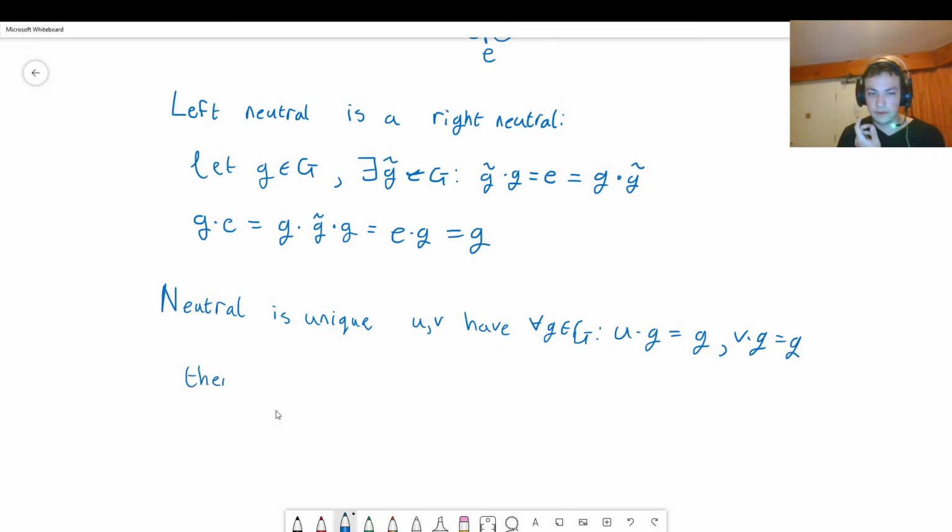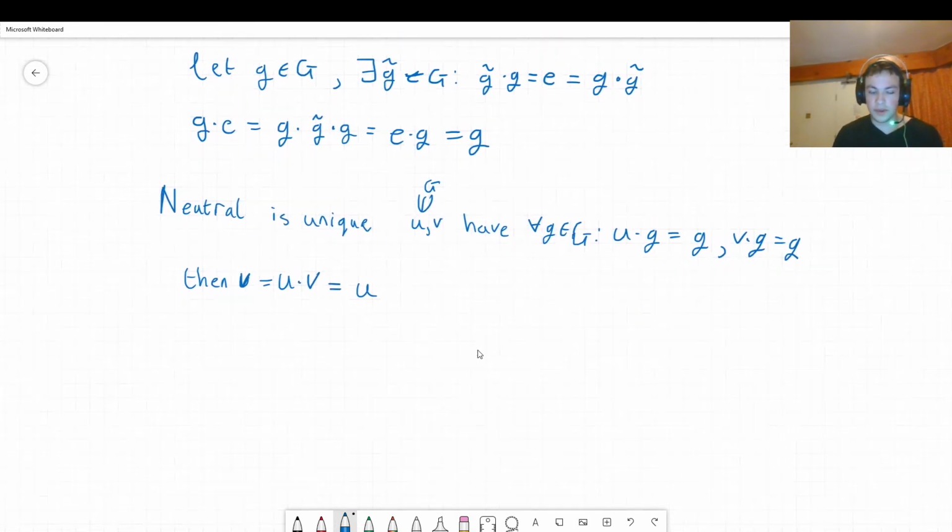And obviously these two both belong to G. Then obviously u dot v is equal to v, because u is a left neutral, so we can just apply u. But then we have that any left neutral is a right neutral, so u dot v is equal to u, so v is u. It's quite an obvious proof, but it's good to write it down.